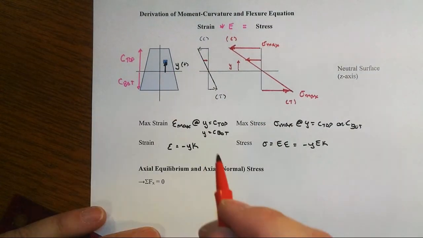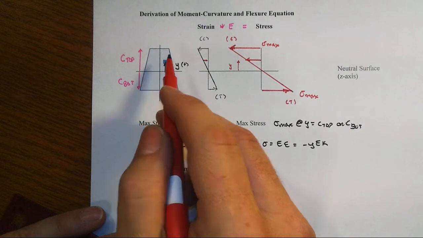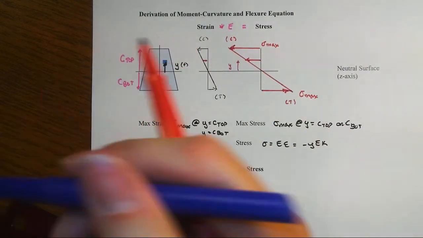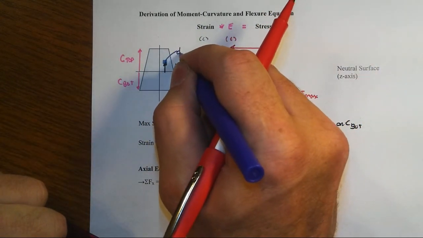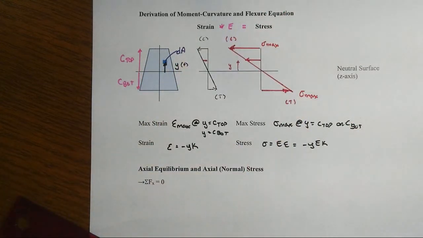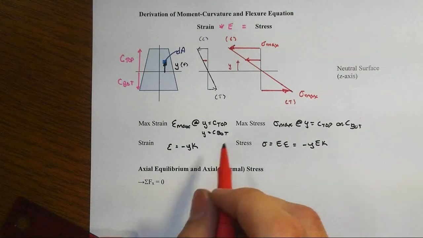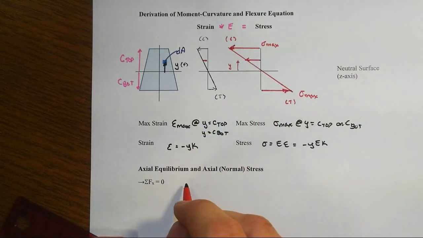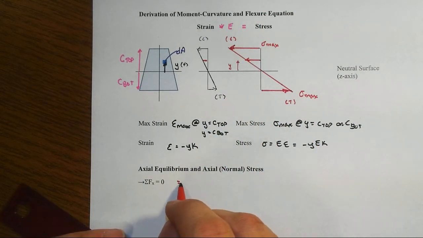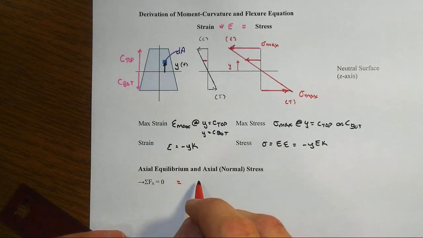So a stress times the little differential area that we have here, it's a normal stress, so normal stress times the dA would be our differential force. And those stresses vary everywhere across the cross-section, so due to this equilibrium, we're going to need to do some integration, right?